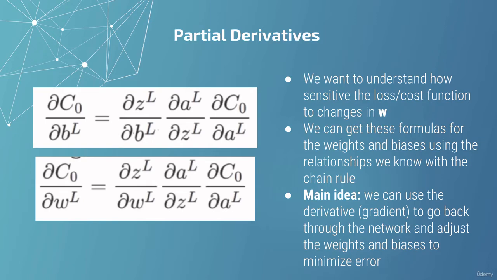So if you see, everything cancels out. Like this Z^L term cancels out with this term, this A^L term cancels out with this term, and this C_0 over B^L is all we have, which is equal to the term on the left. So you don't really need to understand this. It might be a little complicated, but just understand the main idea.